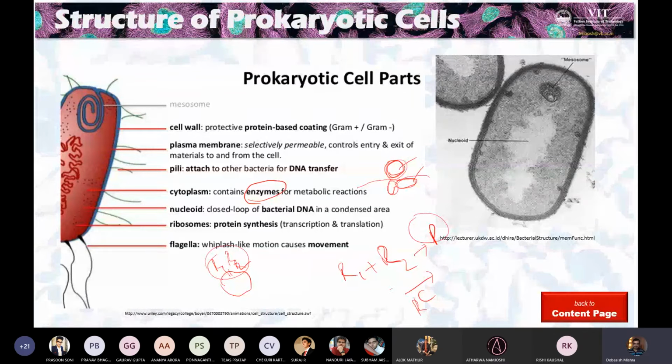Then we have flagella. Flagella is often a whiplash system. If this is a membrane, the flagellar base would be like this, and the cell's job is to spin it, so that this whiplash flagellum keeps moving. So what does it do? It propels the bacterium. Otherwise, the bacterium is like a capsule, or you can consider it a worm.